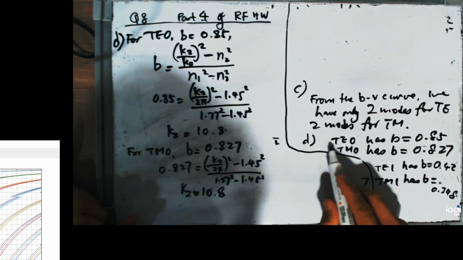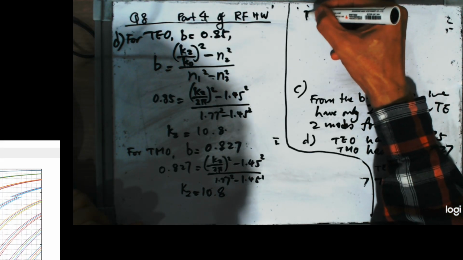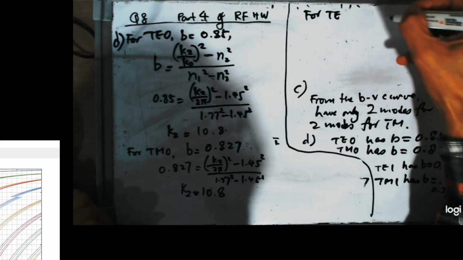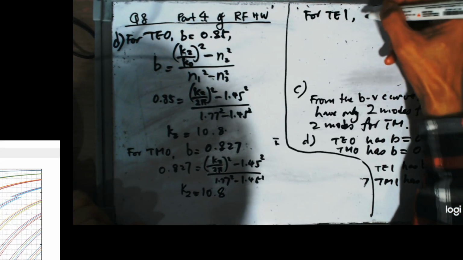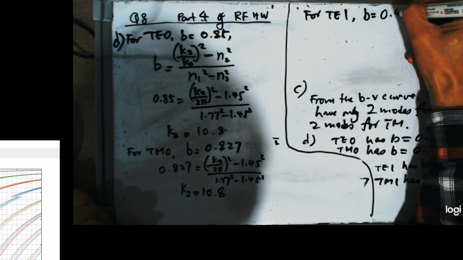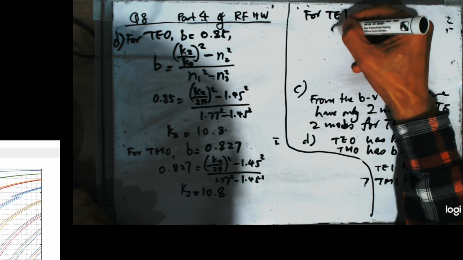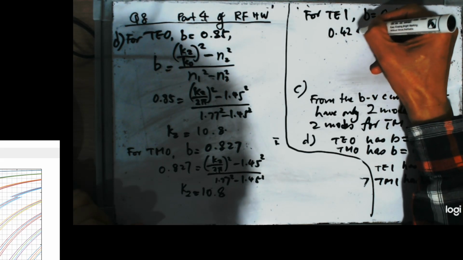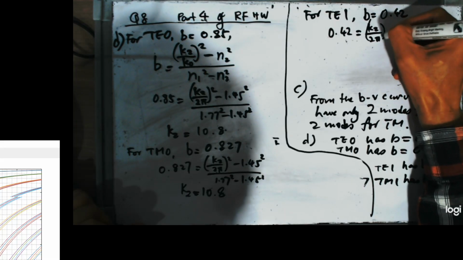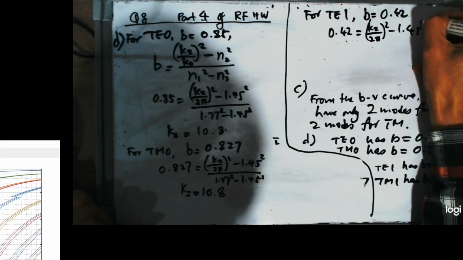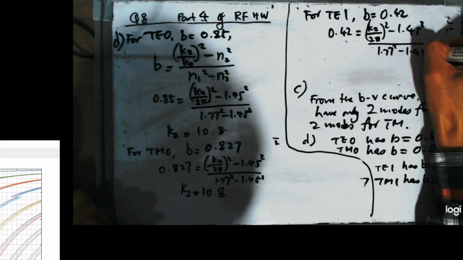Continue from here. So we calculate for TE1, p is equal to 0.42 and we have 0.42 equals kz over 2 pi square minus 1.44 square and then 1.7 square minus 4y square.